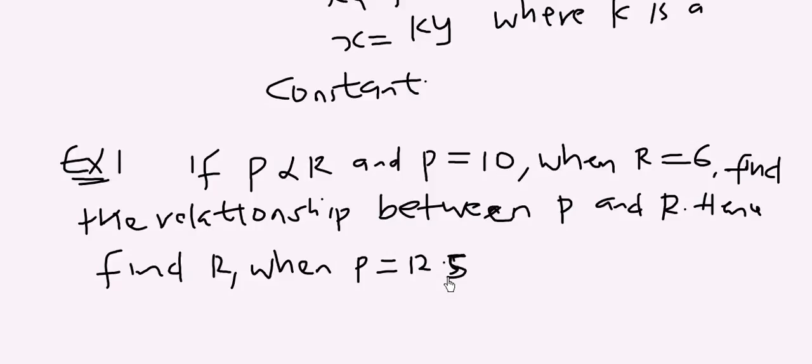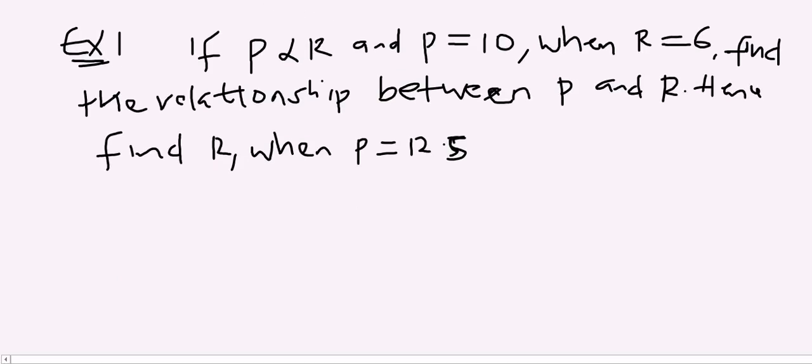So for this example, it says that P varies directly as R and P is equal to 10 when R is equal to 6. Find the relationship between P and R, hence find R when P is equal to 12.5.